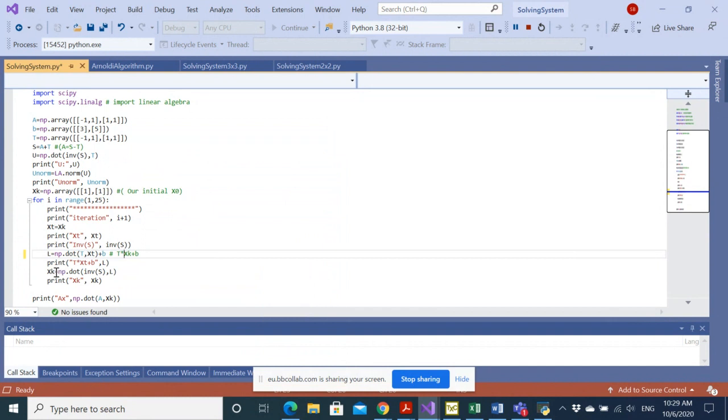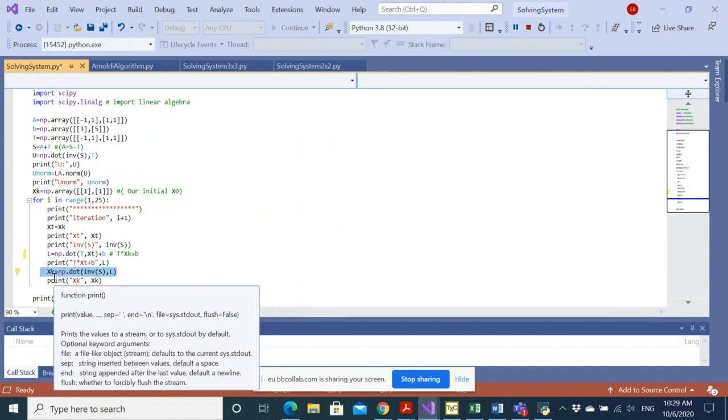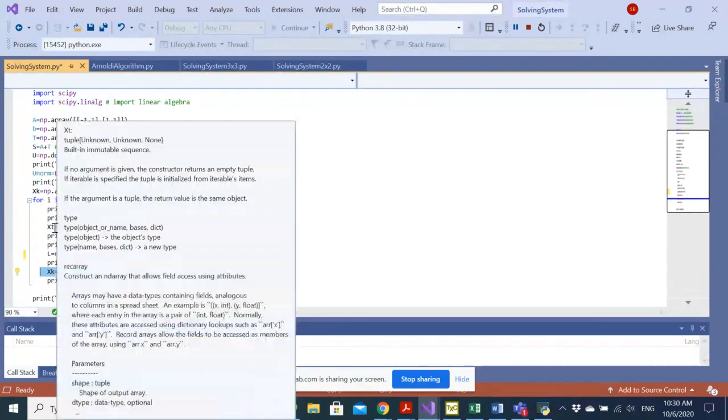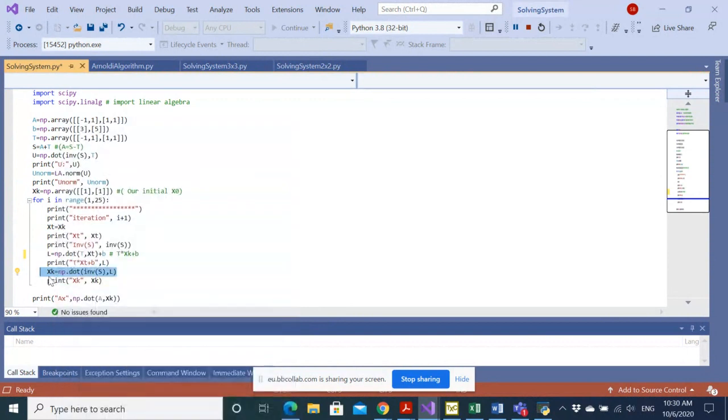Now to find the new xk, all I need to do is to multiply this by S inverse. Oh, okay. So this is what I'm doing here. To find the new xk, I multiply the inverse of S by L. I get the new xk. Of course, since I'm looping, I'm repeating it from i equals 1 to 25. Next time I enter the loop, when i equals 2, I use xt, which is given by the last solution.